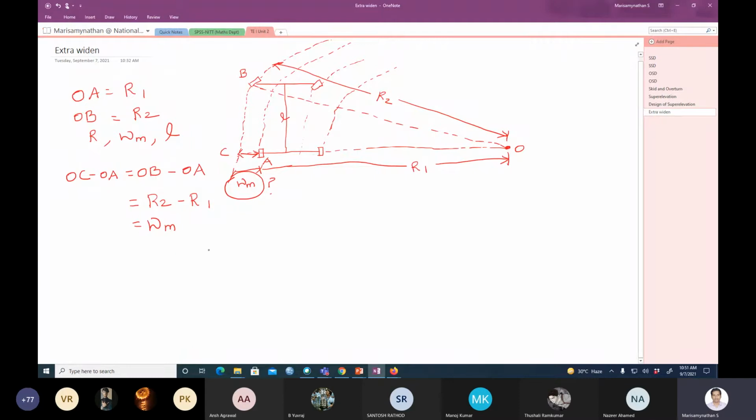So in one way we are able to estimate the mechanical widening, but with this it is very difficult to solve the problem.